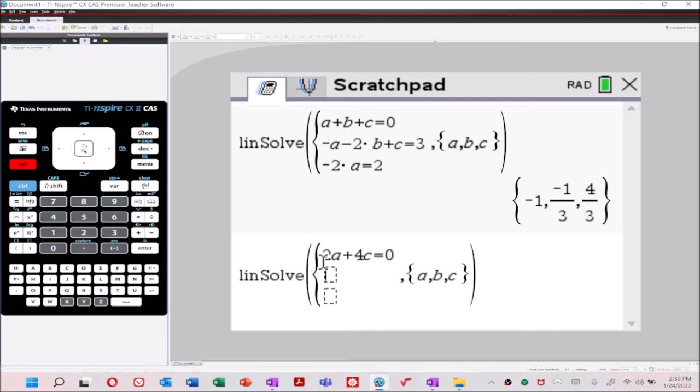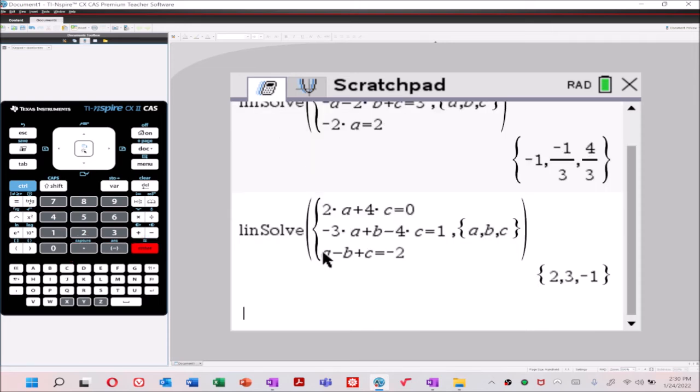Second equation, negative 3a plus b minus 4c was equal to 1. Final equation, a minus b plus c is equal to negative 2. Let's solve that. We get a is 2, b is 3, and c is negative 1.